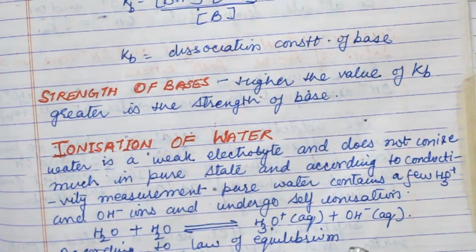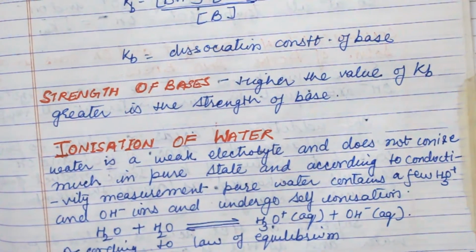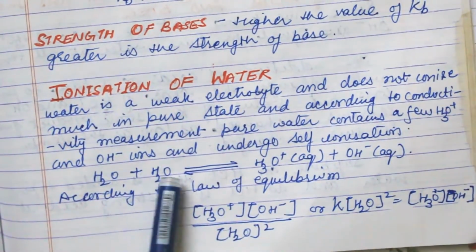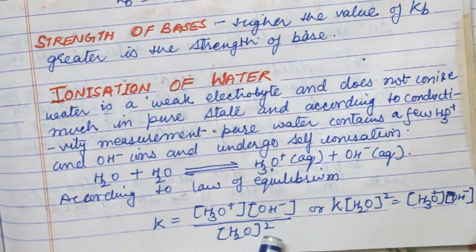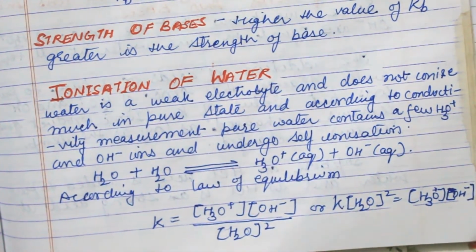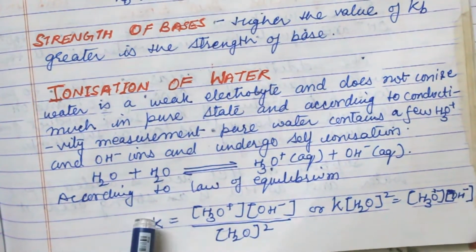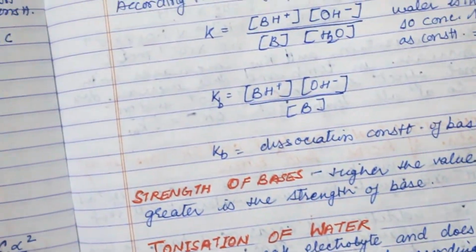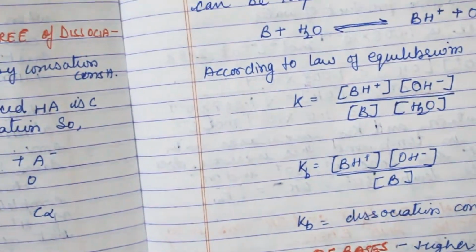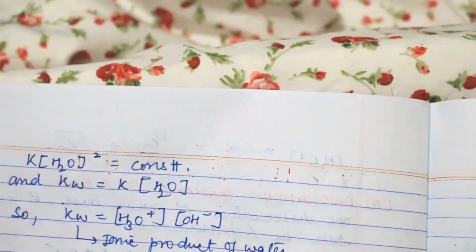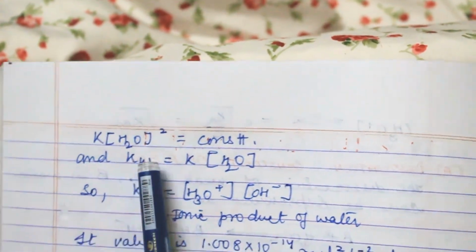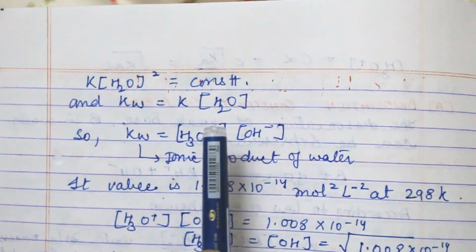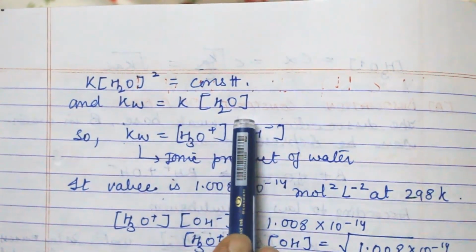According to the law of equilibrium, the product is taken as the numerator and the reactant is taken as the denominator. Here both molecules are water, so we take the square. So now K equals hydronium ion times hydroxyl ion over water squared. When this becomes constant and is taken as Kw, it is equal to K times the water molecule squared.